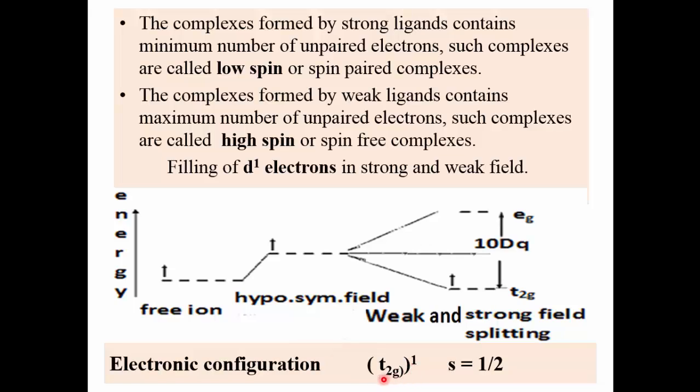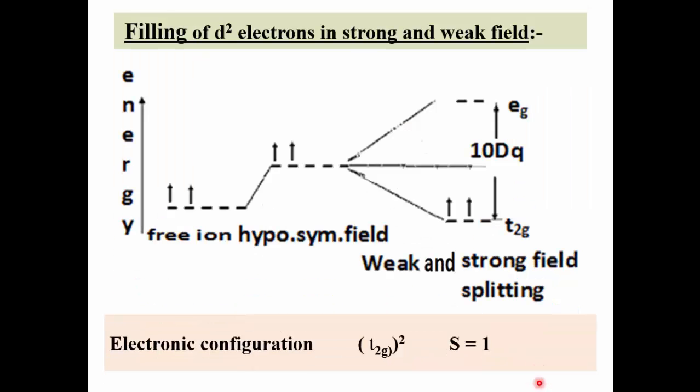One electron has entered the t2g orbital, therefore t2g1. For one electron, the spin remains half. So the spin for that electron is half. So this is the electronic configuration for the d1 electron, and this is the spin. One electron is unpaired for the d1 configuration.